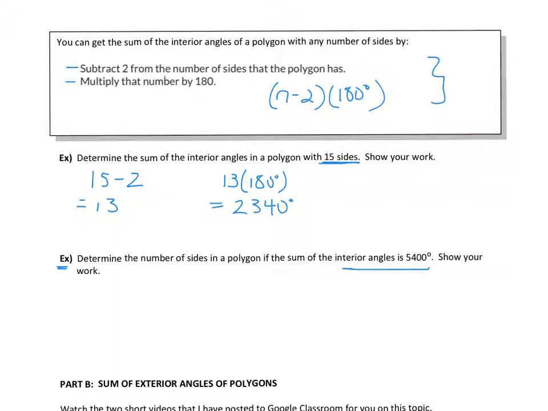The previous question had a sum of 2,340. And we know we took this number, whatever it was, and multiplied it by 180 to get that answer. So let's work backwards. Put the video on pause, see if you can work through it, and then we'll take it up.